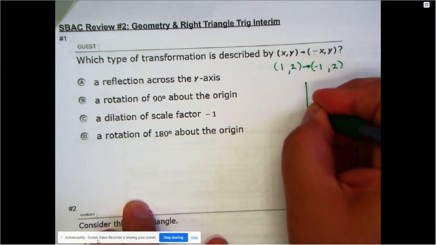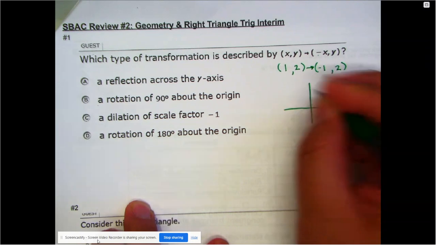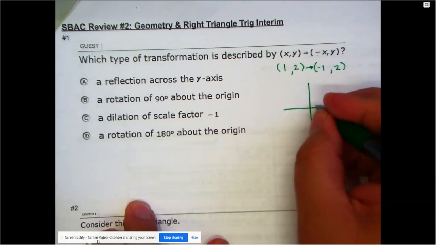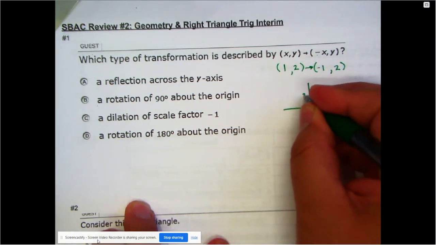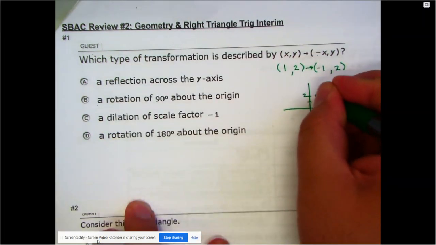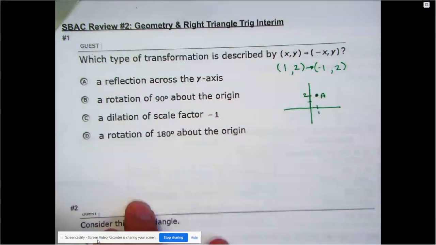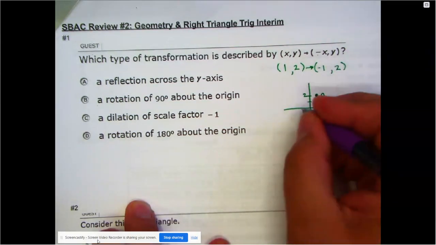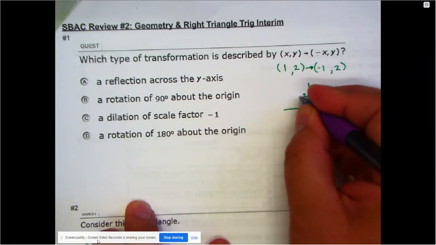If I look at a visual of this, that's why I wanted to keep my numbers nice and small. Here's the point (1, 2). If this is my original point, I'll call it A, then where would my A prime be? Well, it says (-1, 2). So that's where my A prime would be.